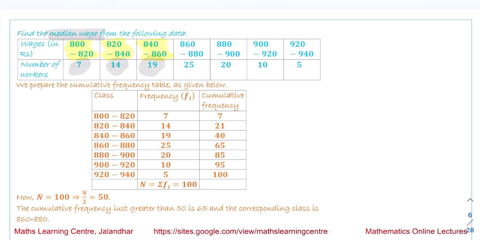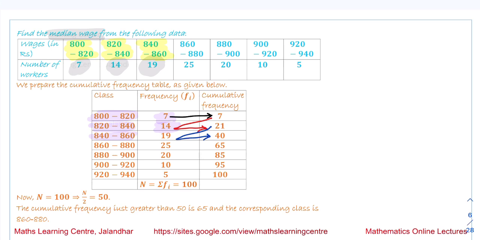So to calculate the median wage, we have written this complete information in tabular form. These are the classes we have. These are the corresponding frequencies. From these frequencies, we have written the cumulative frequency. This value is 7. Next value is 7 plus 14 is equal to 21. Next value is 21 plus 19 is equal to 40.